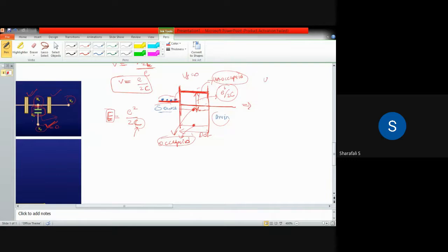When Vg becomes greater than 0, or we can say which we have to apply negatively, so when Vg is not equal to 0, in that case this energy level will be somewhere here.